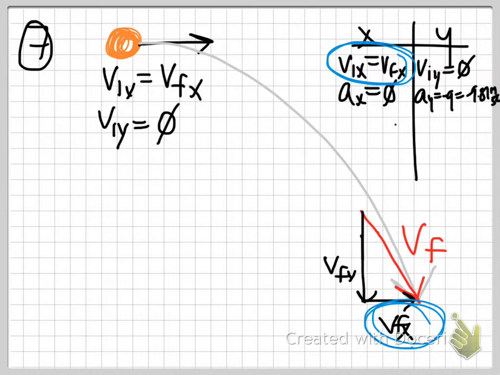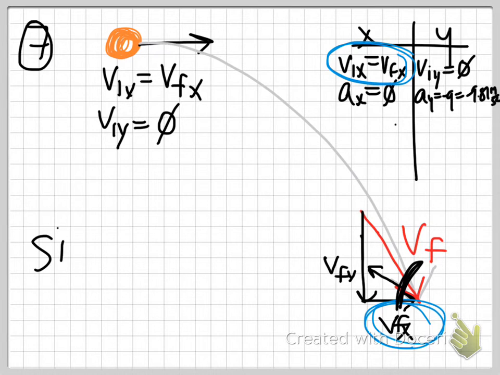VFY, depending on which angle we're considering, if we're considering the landing angle, then VFY is equal to, well, hold on.